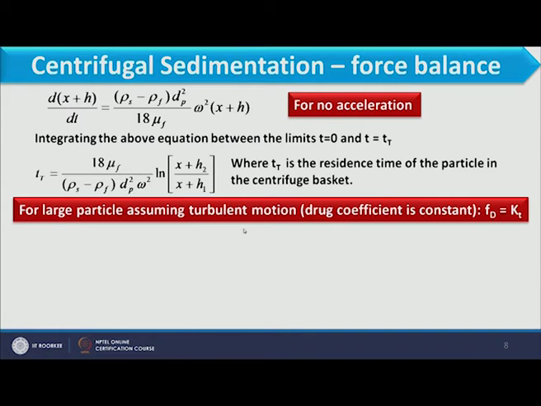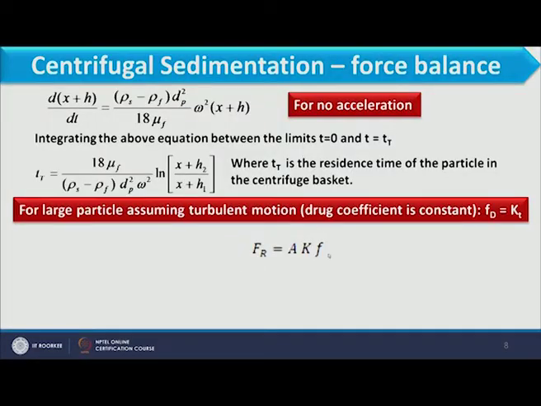Similarly, if we have a larger particle, we assume a turbulent flow where the drag coefficient we are considering as kT. So this is the equation for Fr, that is Fr equal to A kF. A is the projected area of the particle, K is the kinetic energy per unit volume of the particle, and F is the drag coefficient, that is kT in this case.